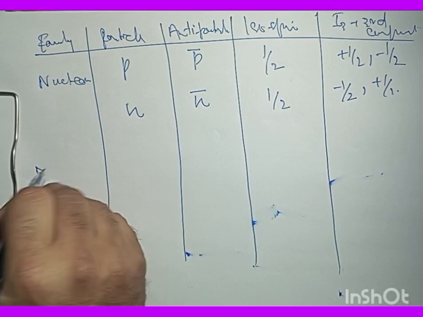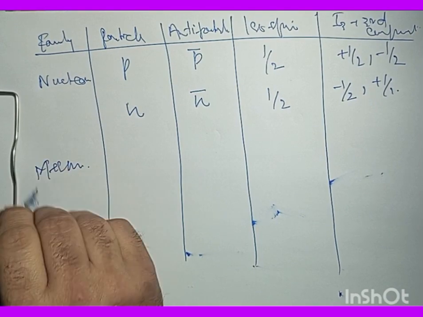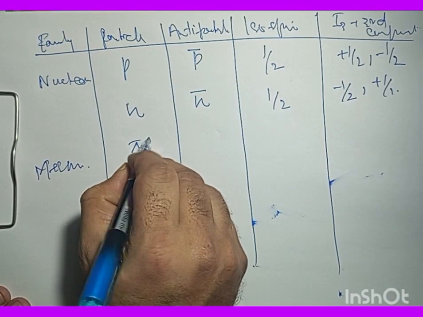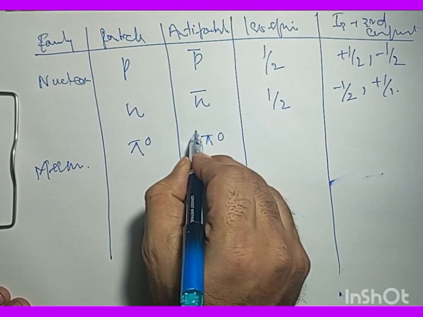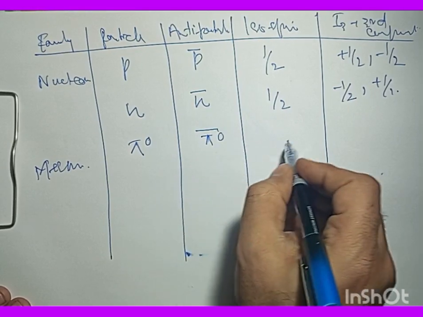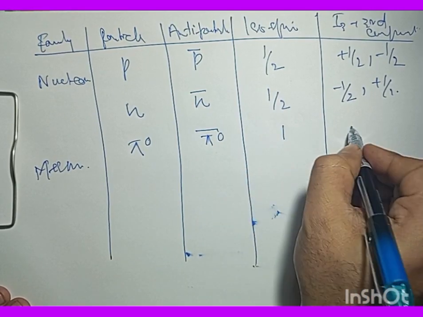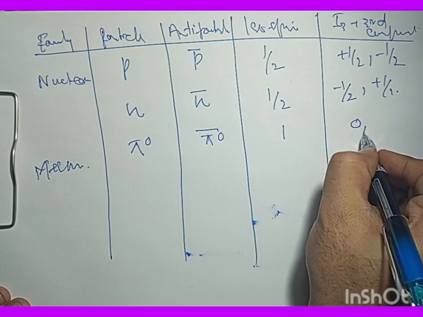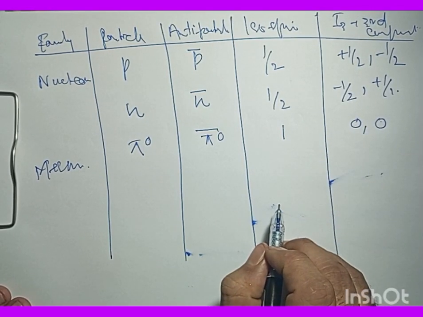And now talking about mesons. So we have pi neutral, we have pi neutral bar, its antiparticle, and it has an isospin of 1, so its I3 state is 0.